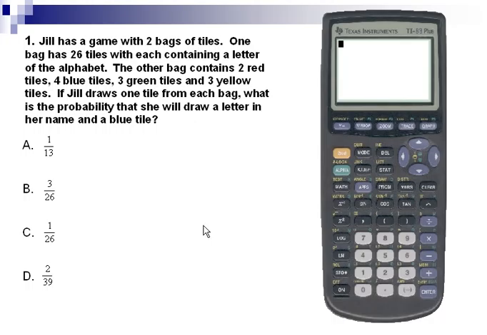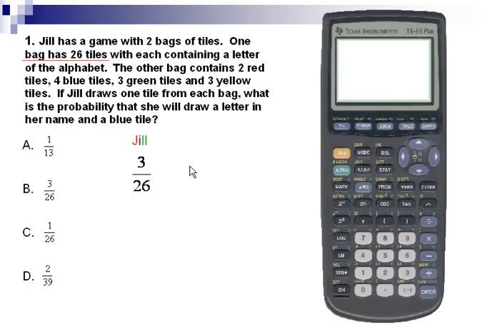In the name Jill, notice that while there are 4 letters, only 3 of those letters are different. So the probability that Jill will draw a letter in her name would be 3 out of 26, since there are 26 tiles in the bag.